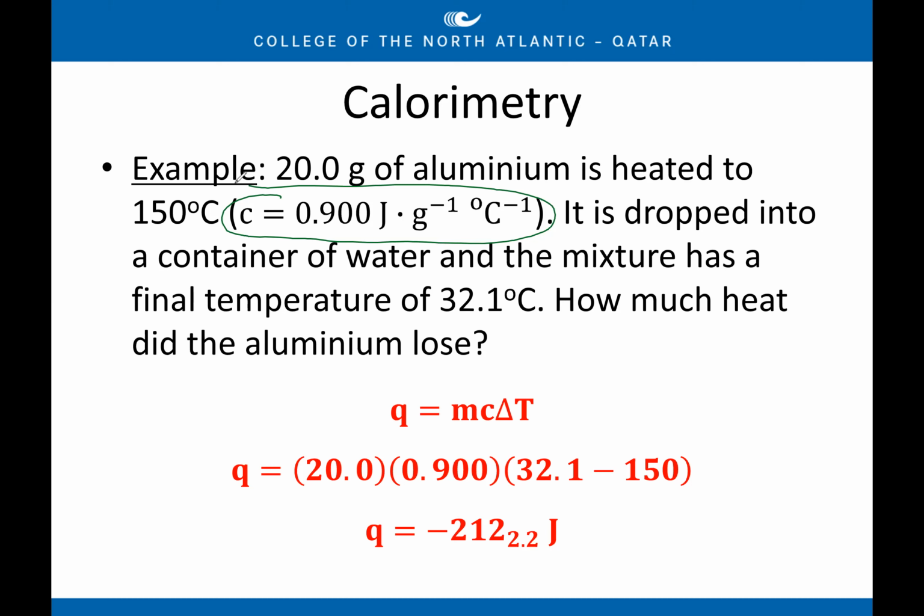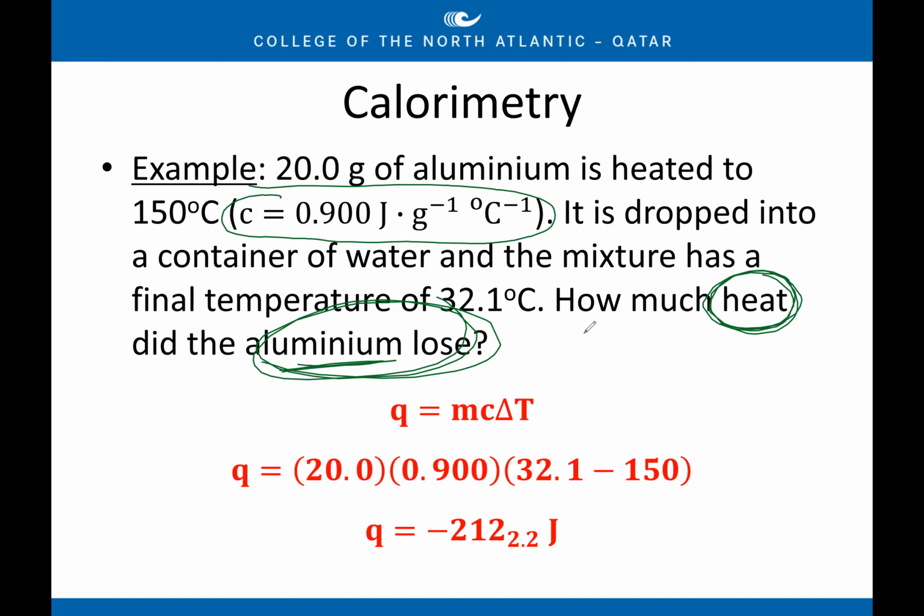It's dropped into a container of water and that mixture has a final temperature of 32.1. Now, keyword, sorry, not temperature: how much heat did the aluminum lose? Or if you had a British instructor, he might say aluminium. I'm asking you about aluminum.